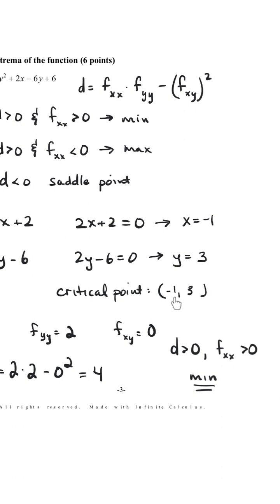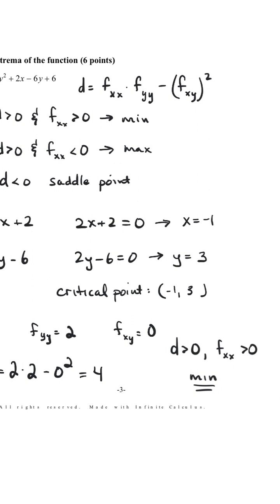Now, this critical point is just an x and a y number, but the function itself is a function of 3 variables, x, y, and then f of x, y is really z. So there's 3 variables, x, y, and z. We're supposed to find the relative extrema, meaning the point on the graph. This is a graph in 3-dimensional space, so we need a point with all 3 dimensions, x, y, and z.